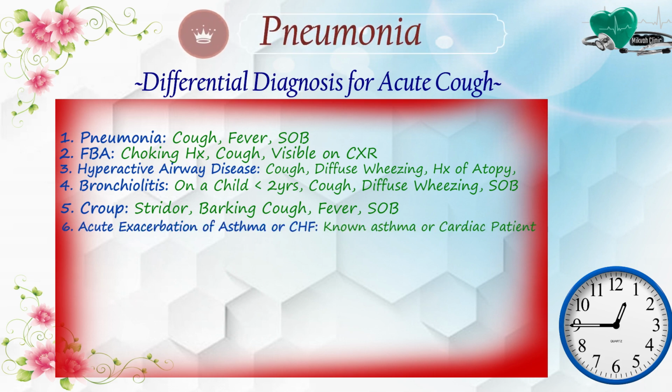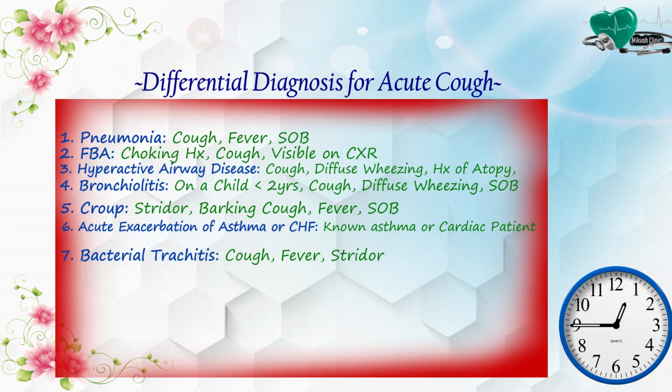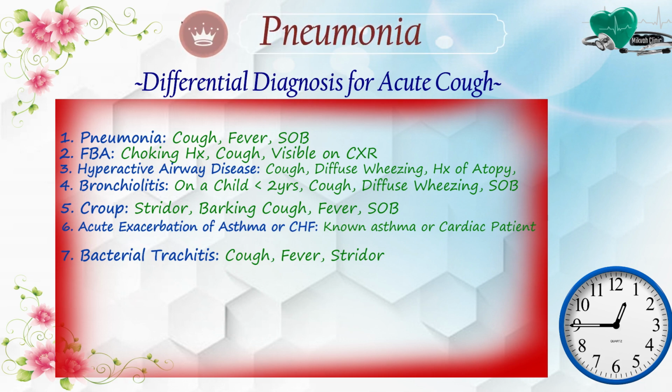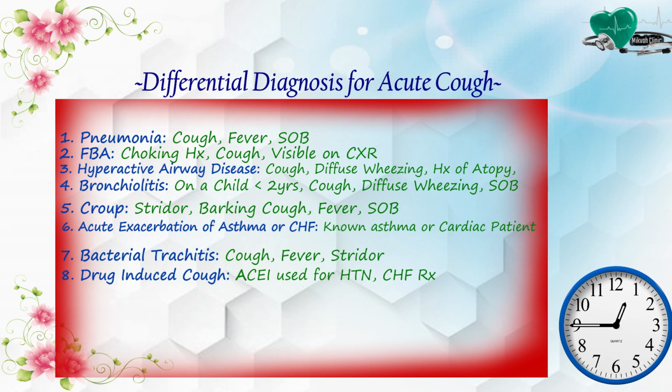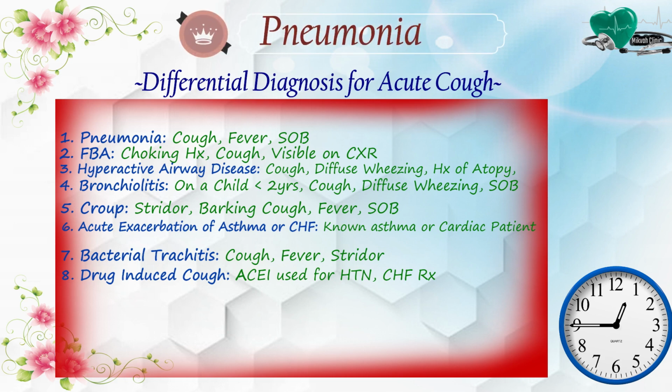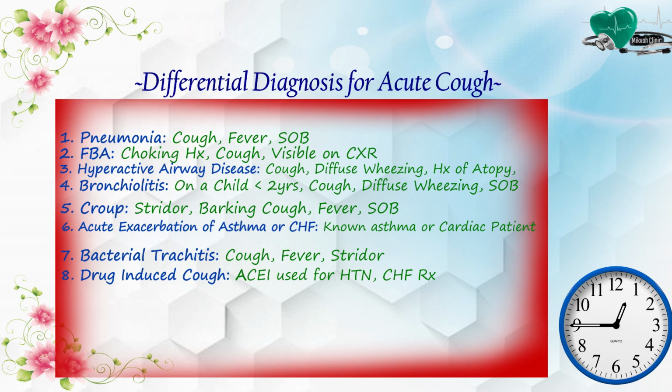Exacerbation of asthma, heart failure, so all these things should be ruled out. Bacterial tracheitis, tracheoesophageal fistula, or sometimes drug-induced, especially children taking ACE inhibitors, especially a child with heart failure, hypertension. This group of drugs might be prescribed and they may cause dry cough because of the release of what we call bradykinin.